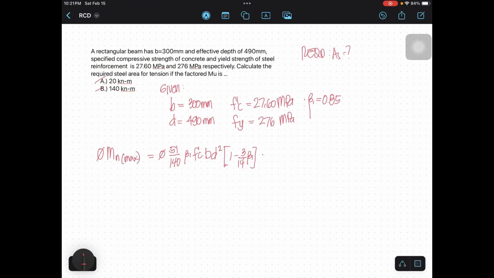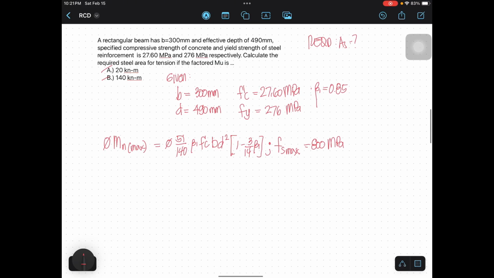Okay? So, kung matatandaan natin, yung ating tensile strength maximum is 800 megapascal. And as we discussed, na if the tensile strength is less than or equal to 400 megapascal, that means we are on the compression controlled section. Okay?